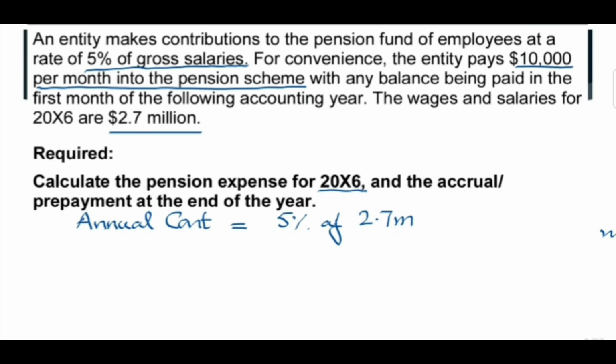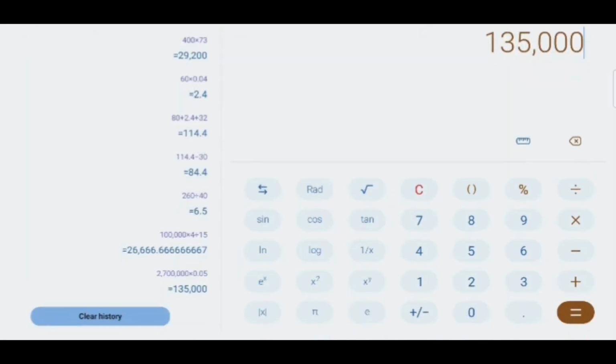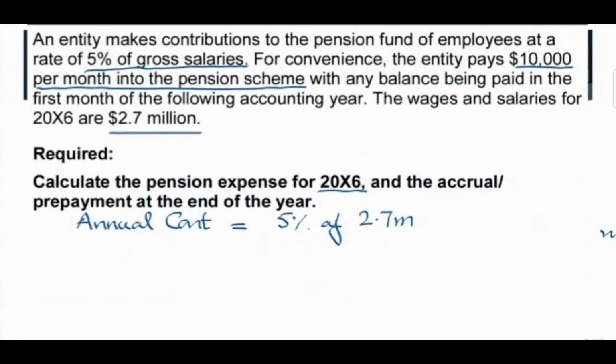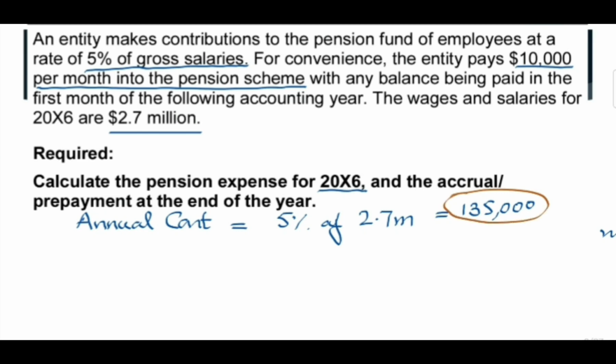This 5% of 2.7 million would be 135,000. 2,700,000 multiplied by 5% gives you 135,000. So it is the annual contribution which should be charged to profit and loss. So this is the amount to be charged to profit and loss.